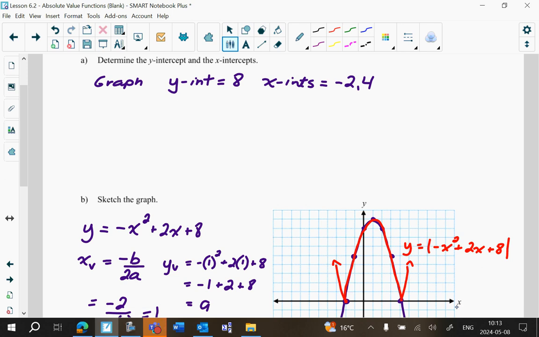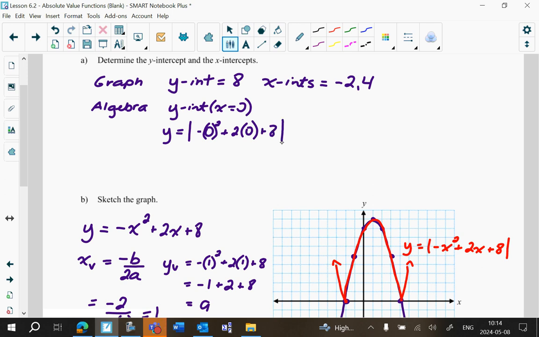If your graph isn't accurate enough, you can always go to algebra. So to find the y-intercept, we make x equal to 0. So therefore, y is equal to the absolute value of negative 0 squared plus 2 times 0 plus 8.